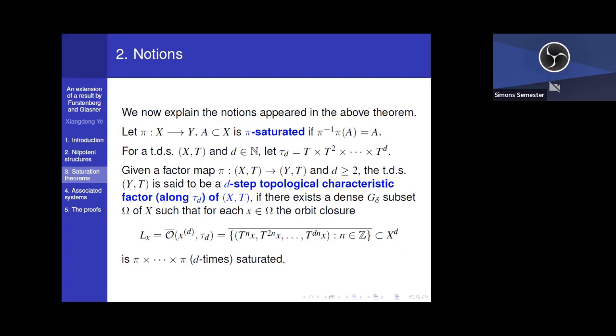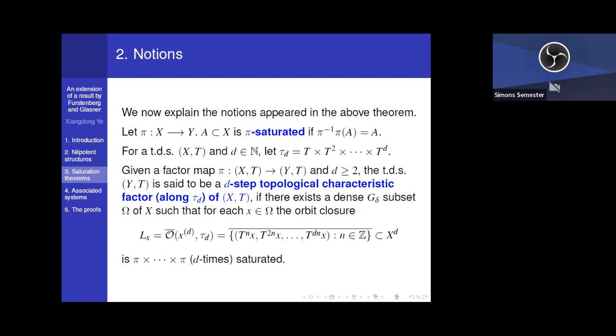So now we let τ_d be T × T² × ... × T^d. If you have a factor map, we say (X,T) is a d-step topological characteristic factor if you can find a dense G_δ set Ω of X, such that for each x from Ω, you consider the orbit closure, a subset of X^d, which is π × ... × π saturated.